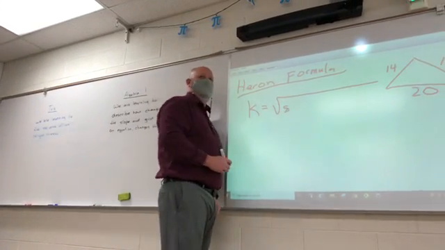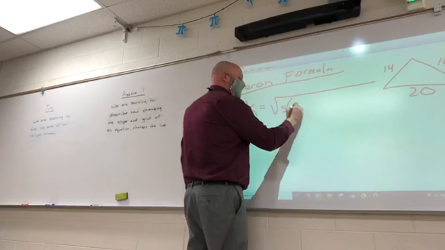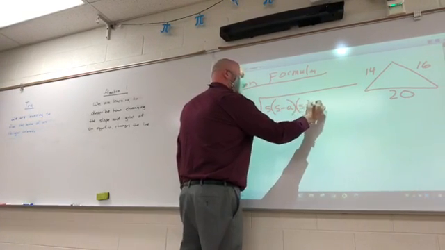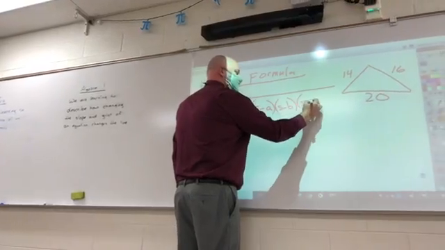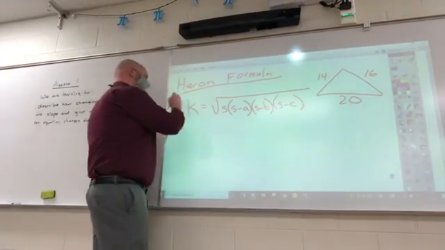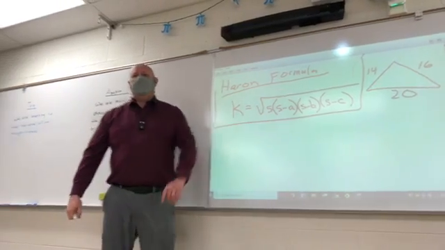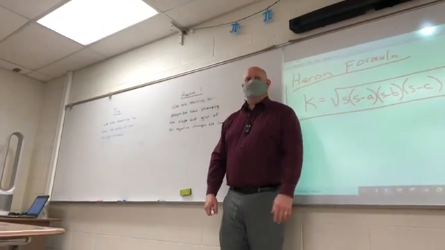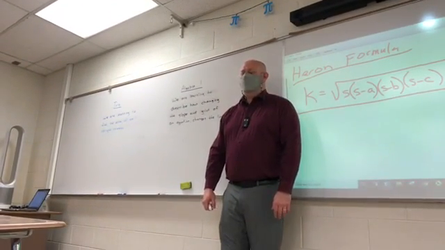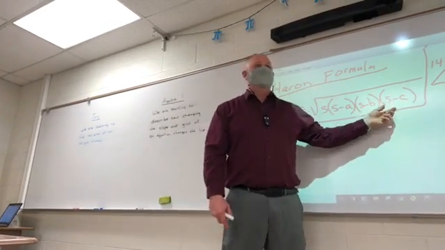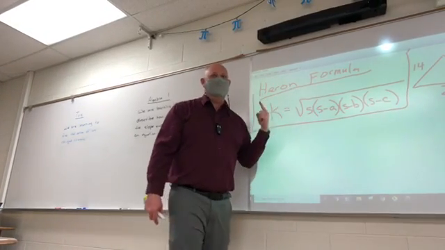S times S minus A times S minus B times S minus C. This is Heron's formula. And there should be one question going through everybody's mind right now. What the heck is S? Like, I know what side A is, I know what side B is, I know what side C is, but what the heck is this S thing?